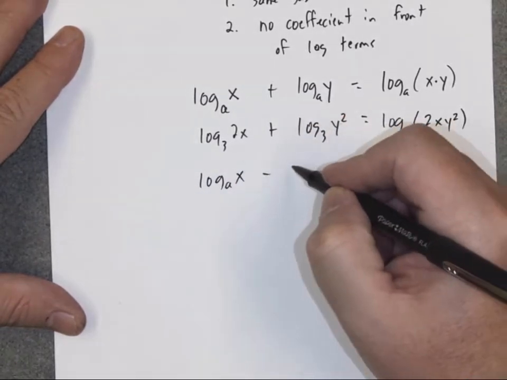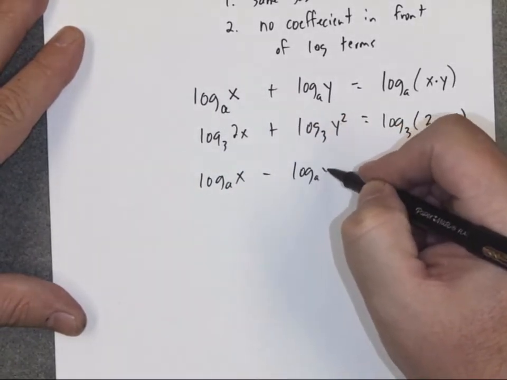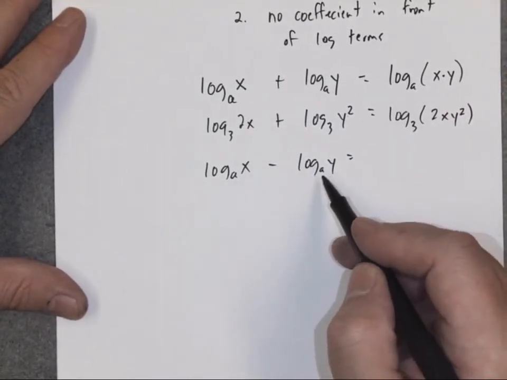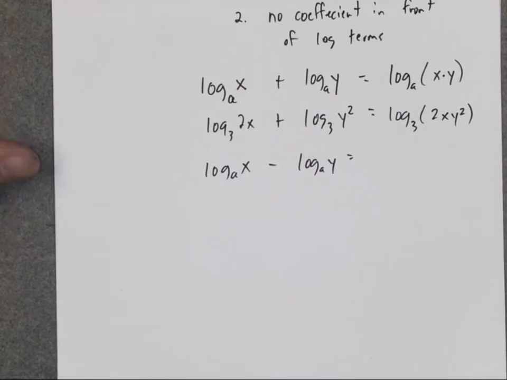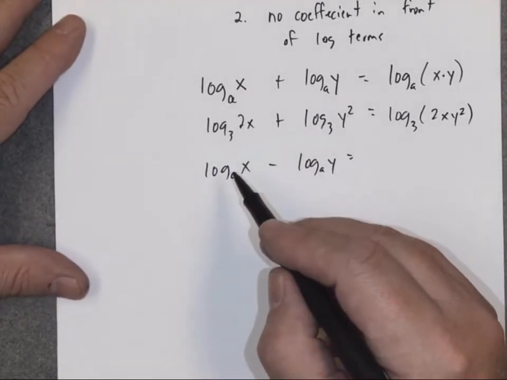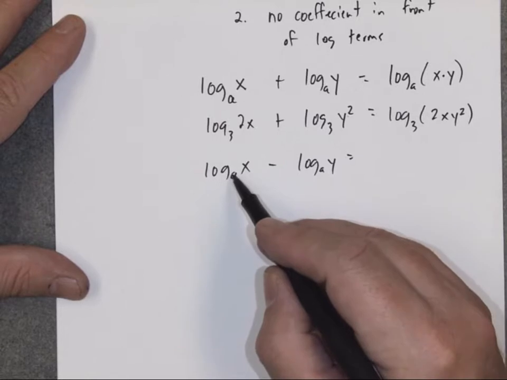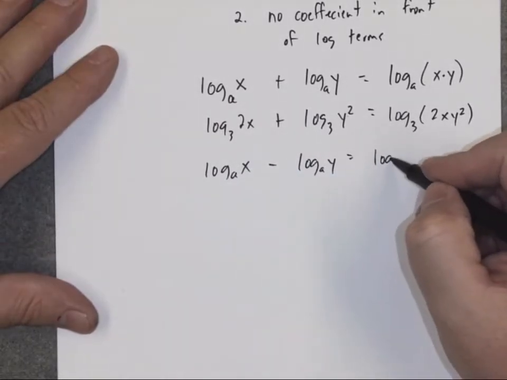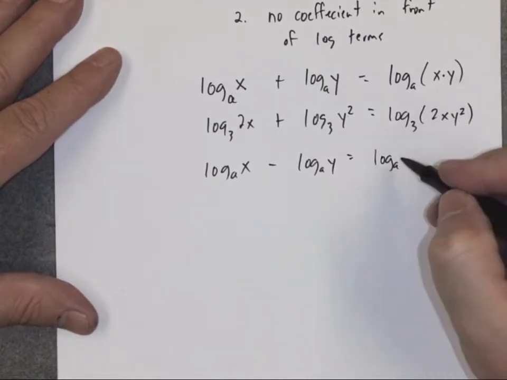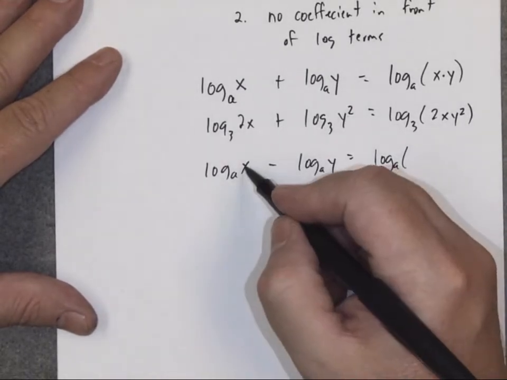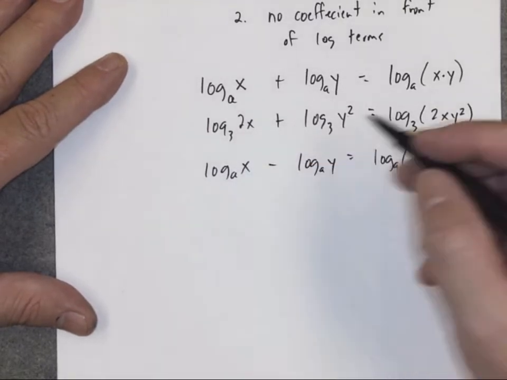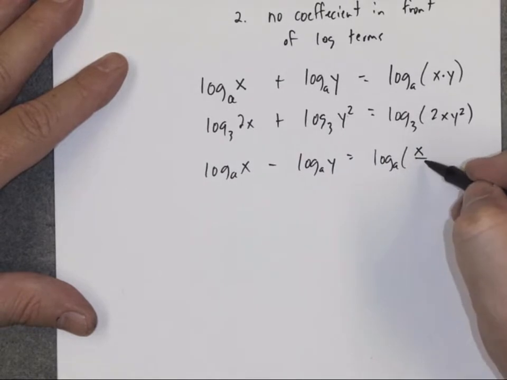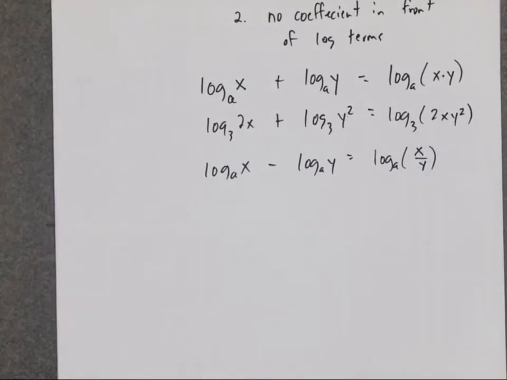What happens if you end up having to subtract log terms? So I have log base a of x minus log base a of y. Okay, the two conditions have to be met, same base, no coefficients, and in this case, you can combine them into one log, but what you do is you take the stuff inside the first log term, and then whatever you're subtracting goes in the bottom.